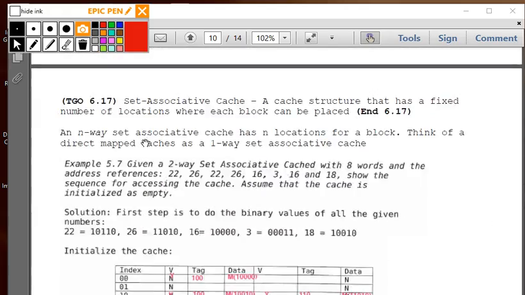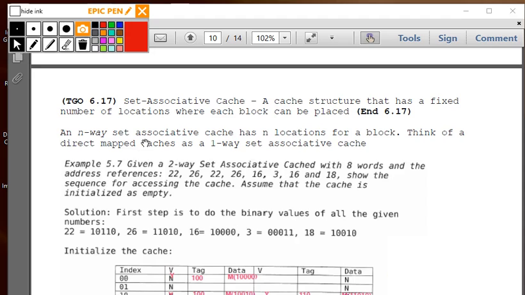And so a set associative cache starting at 6.17, and this example question is 6.7. I know it says 5.7, it's 6.7. Set associative cache, we formally define it as a cache structure that has a fixed number of locations where each block can be placed. So what does this mean?